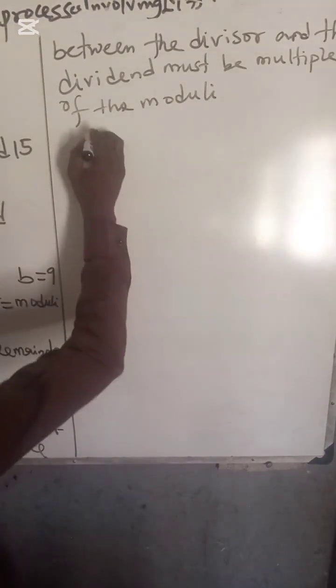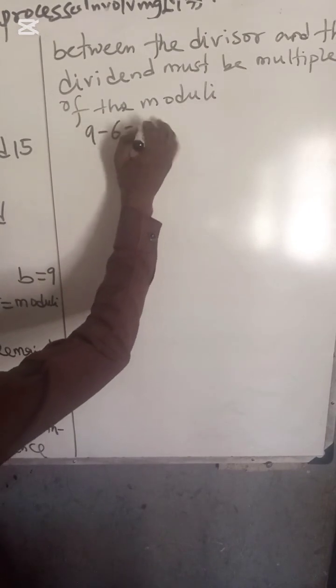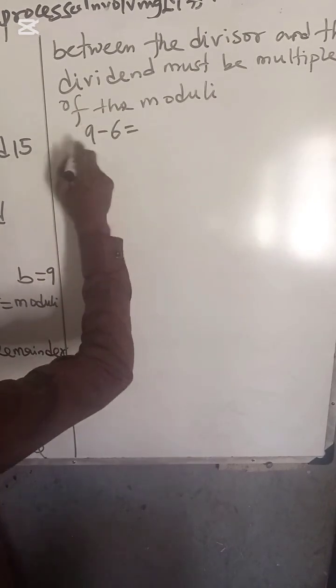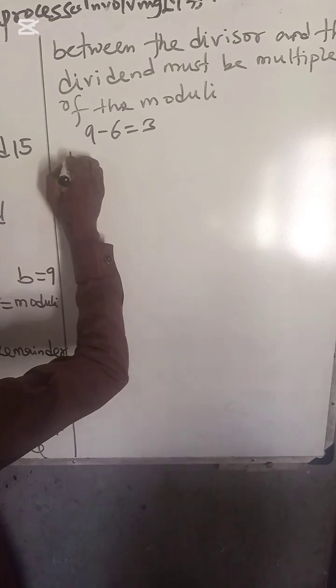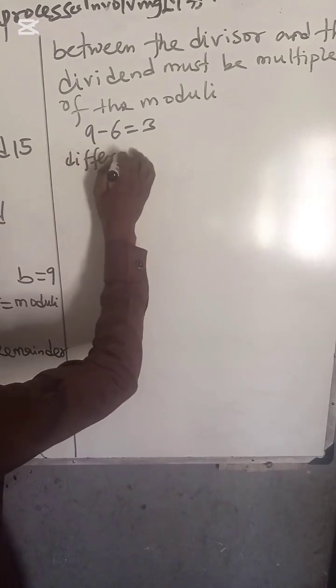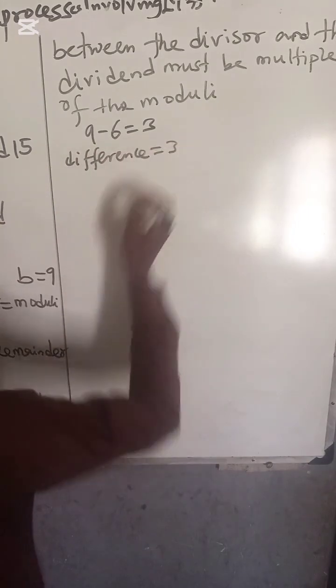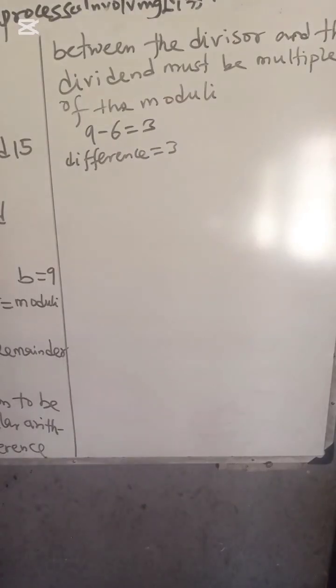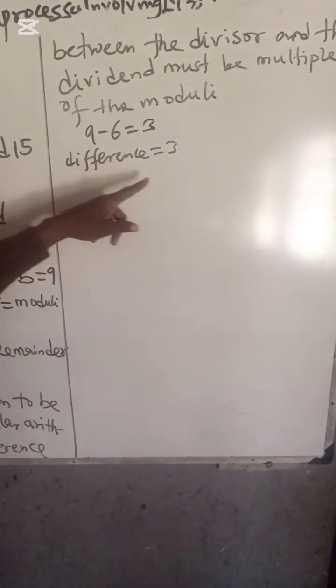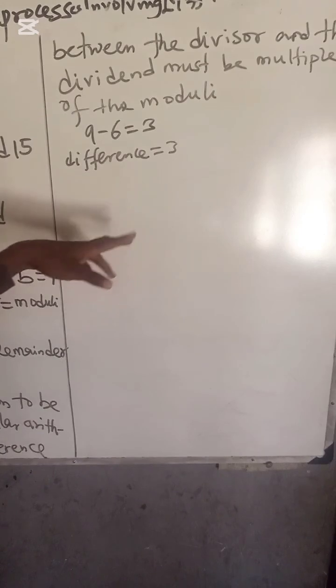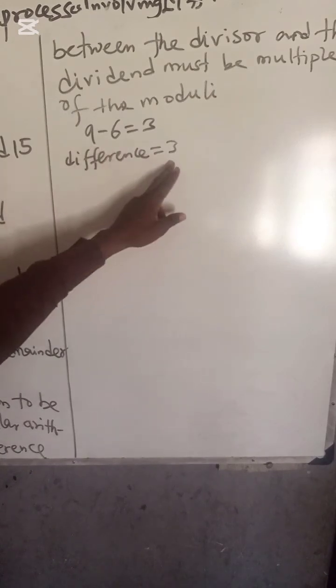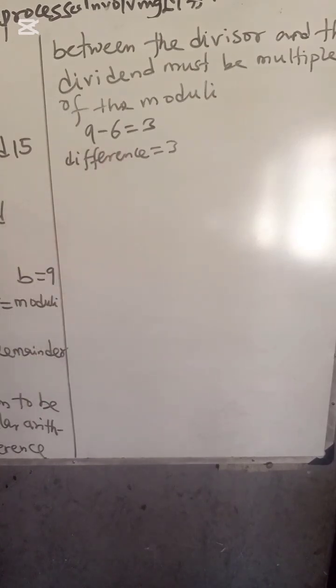What's the difference? 9 minus 6 is equal to 3. The difference now is still a multiple of our moduli or not? It is, because 3 times 5 is 15. Therefore, it abides by the rules of the theorem.